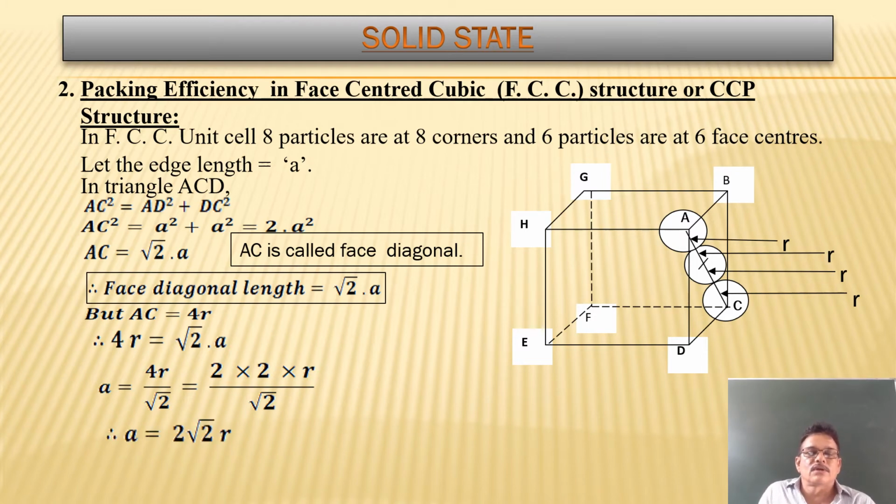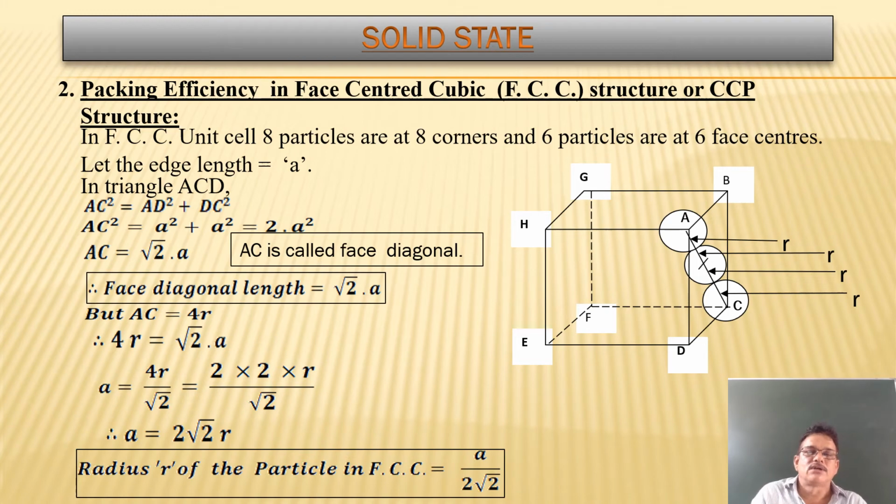That is equal to, or a is equal to 2 root 2 R. Edge length a is equal to 2 root 2 R. Or radius of the particle is equal to a by 2 root 2. That means if a is given, radius of the particle in FCC can be calculated as R is equal to a by 2 root 2 or 1 by 2 root 2 times a. 1 by 2 root 2 becomes 0.3535.